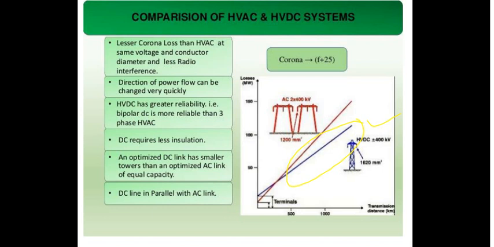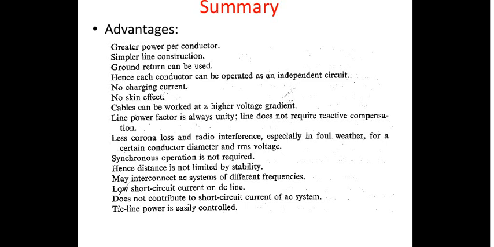Okay, so these are some of the important aspects that we have generalized here based on whatever we have discussed in our previous presentation. Now let me put all these things in the form of a summary here. Let us now confine the discussion to HVDC only, HVDC in comparison with the HVAC. What are the limitations?